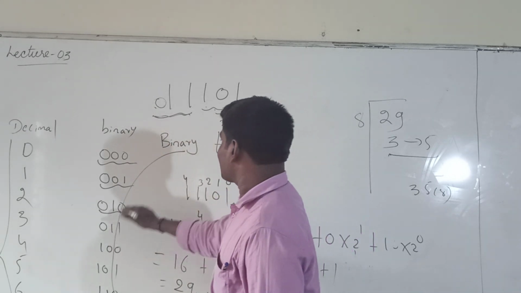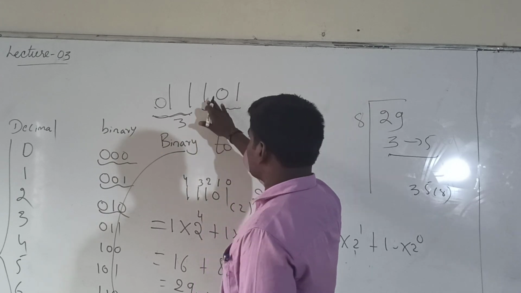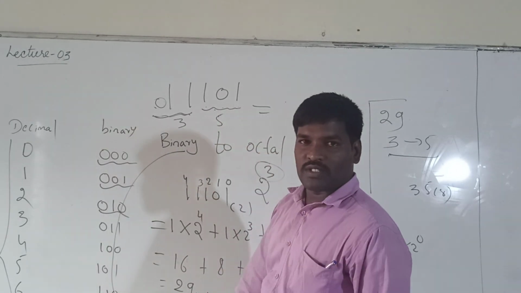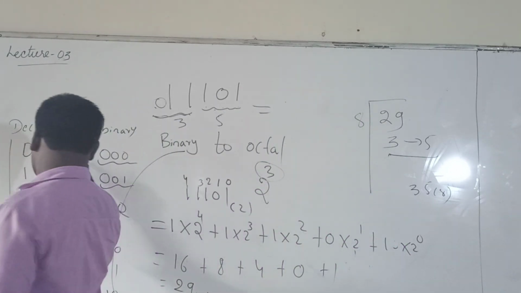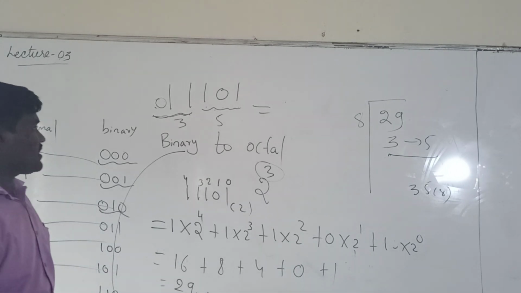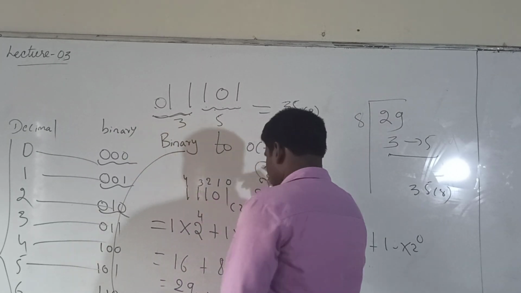So 011 is 3 and 101 is 5. So this is equal to 35 to the base 8.